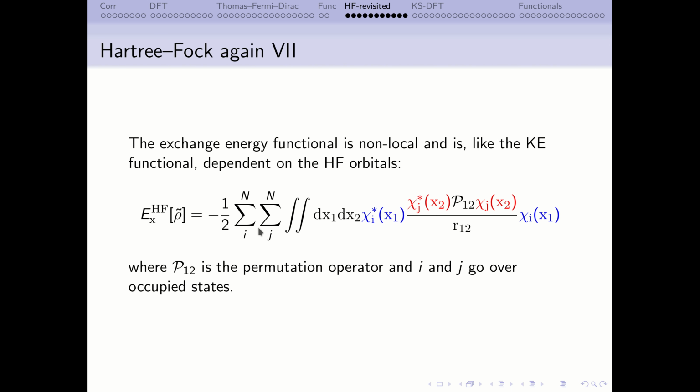Again, you have a minus a half, double sum, double integral over x1 and x2, and then you have chi-i star x1, chi-j star x2, and then we have this permutation operator P12, which exchanges the electronic labels on the right. So it operates on the right, as all operators conventionally do. So P12 would interchange x2 and x1.